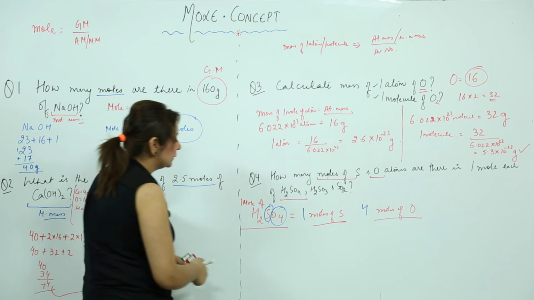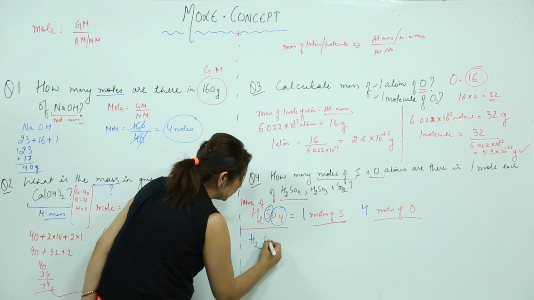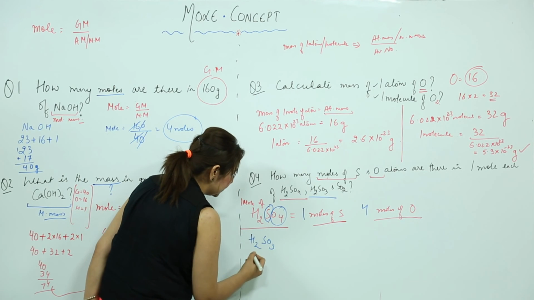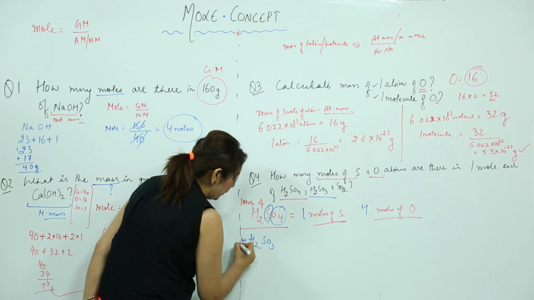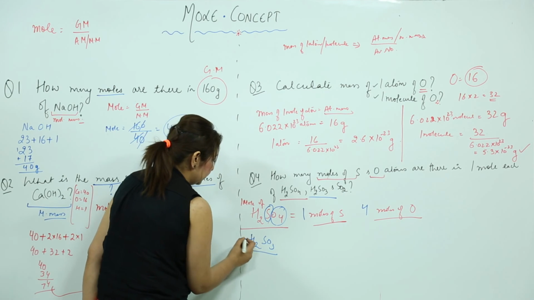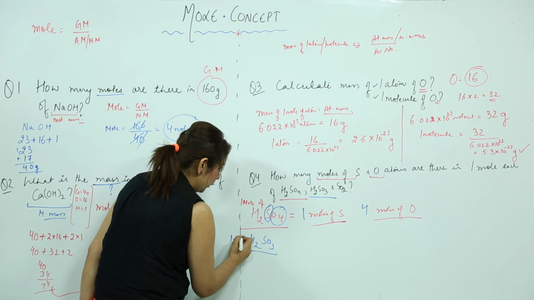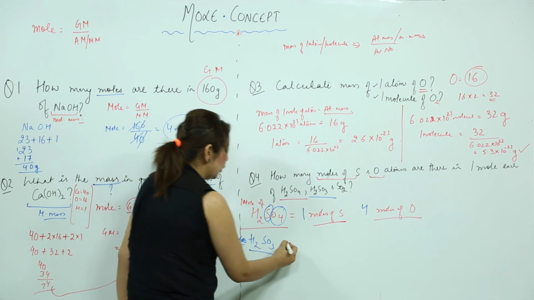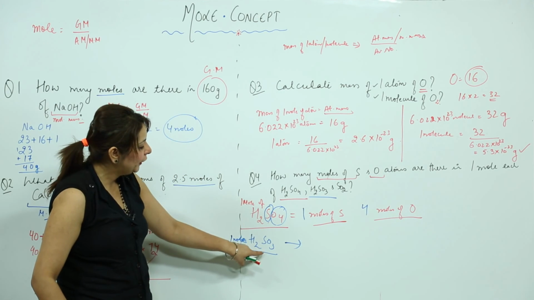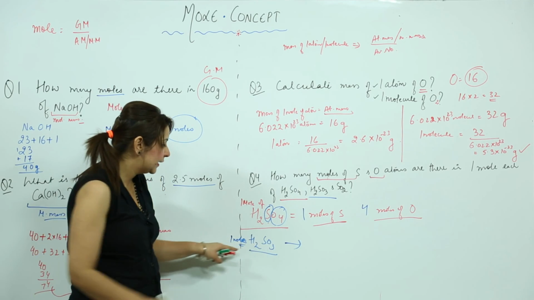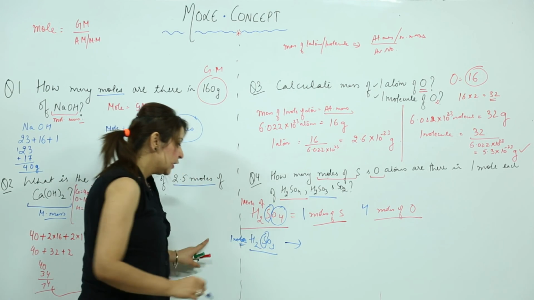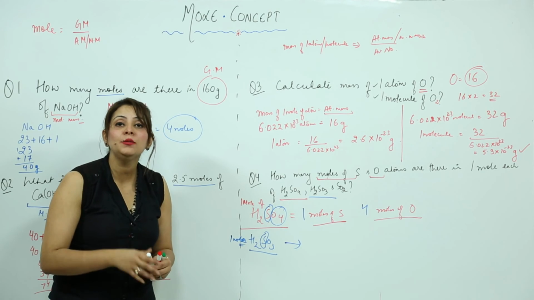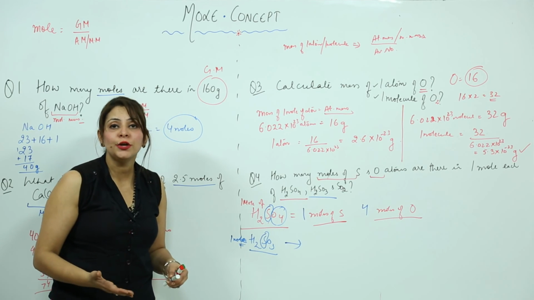Likewise we have another example, another quantity asked for the same thing. We have 1 mole of H2SO3. In this molecule, how many S do you get to see? We get to see only one S. So if I say 1 mole of H2SO3, how many S are going to be present?